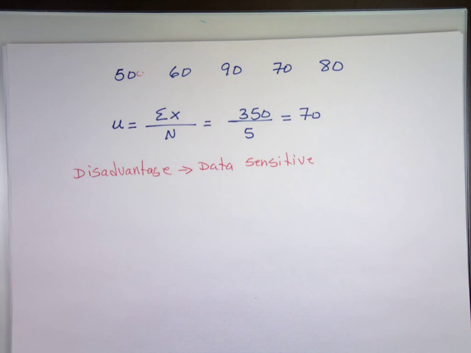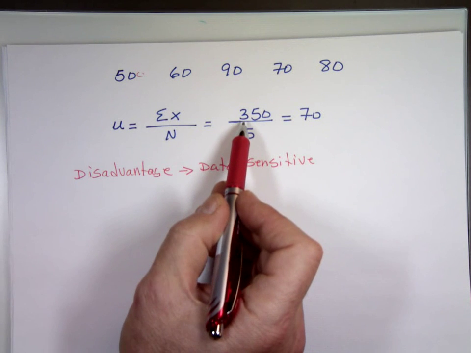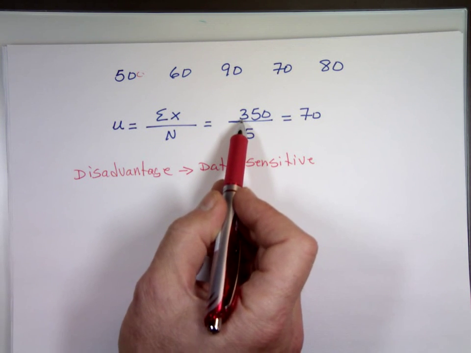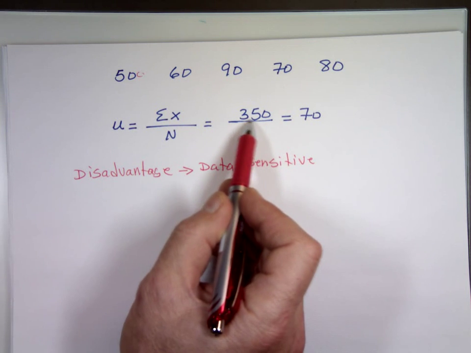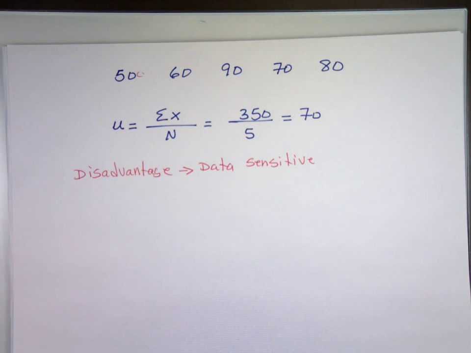Everyone's going to get at least 20 more points added to their score. Actually, way more than 20 points. I'm adding here another, what, 450? So it'd be 800 divided by 5. Everyone has an average of 160. So it is data sensitive, value sensitive. One bad result, one good result will affect that.